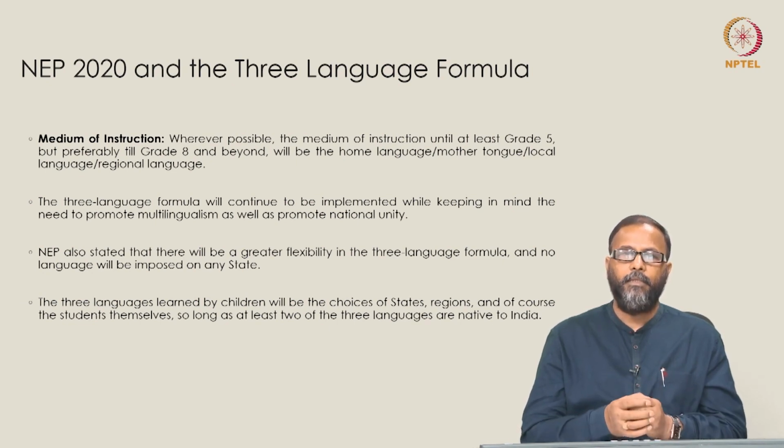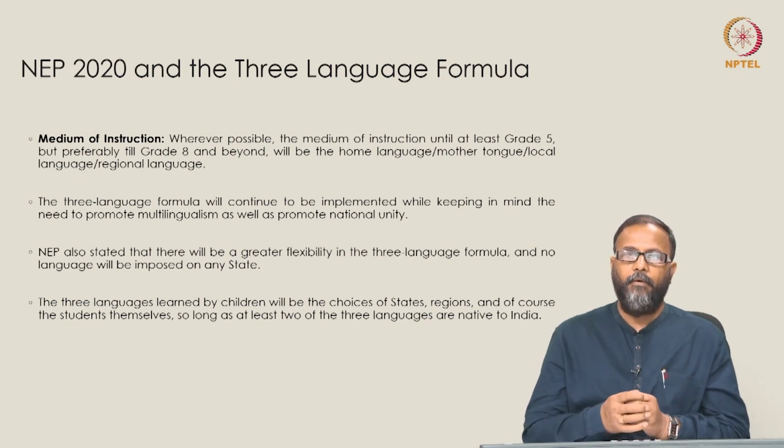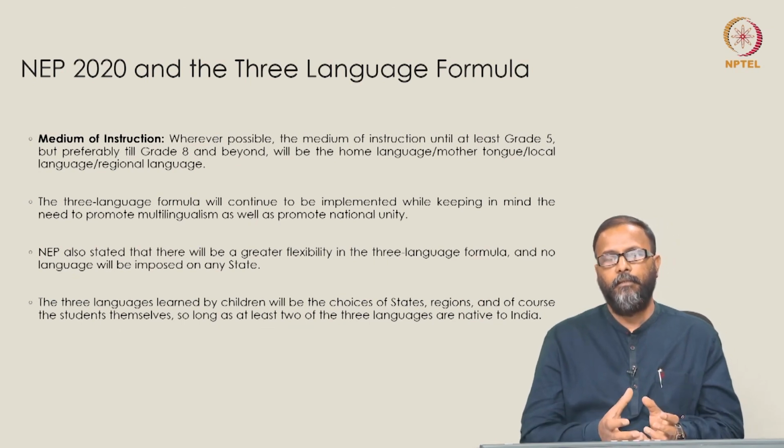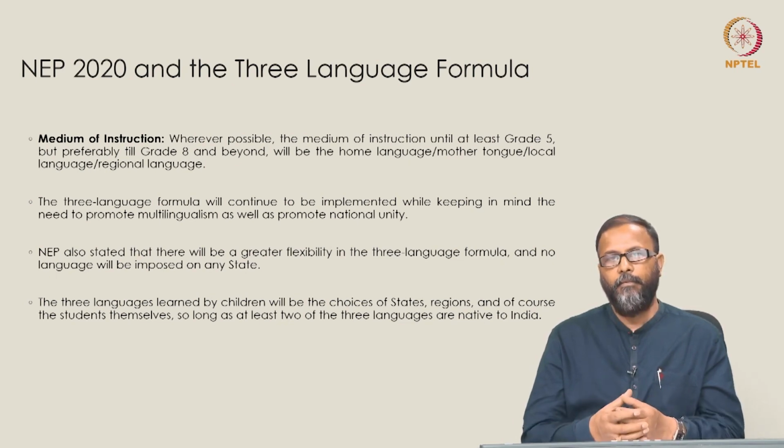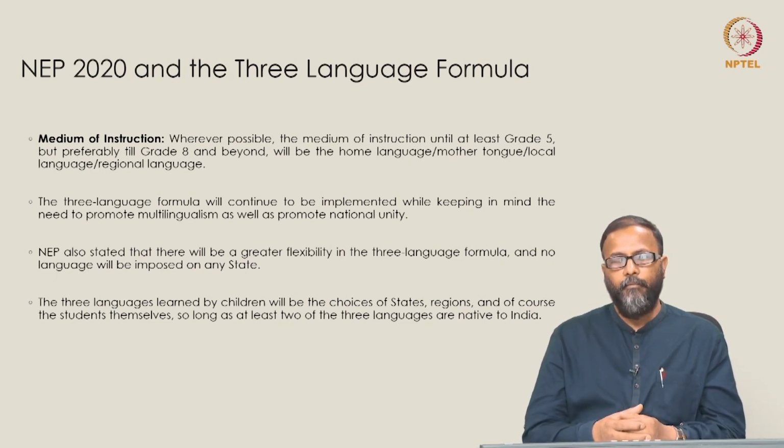Article 29 gives us the right to preserve our language, culture, heritage and scripts, and it is up to the governments of the states to adopt more than one language as official language.